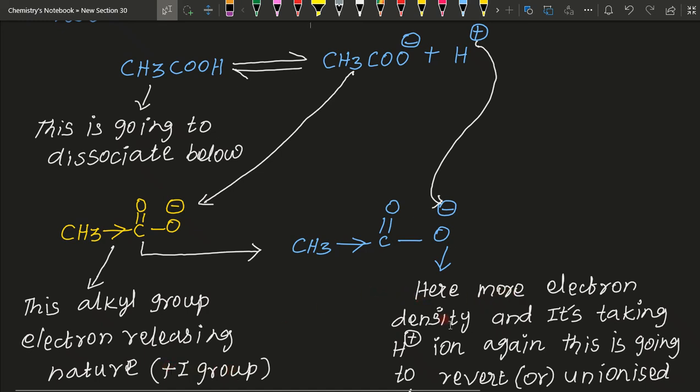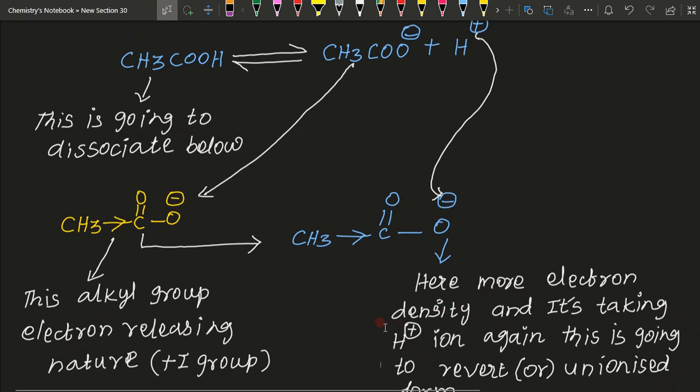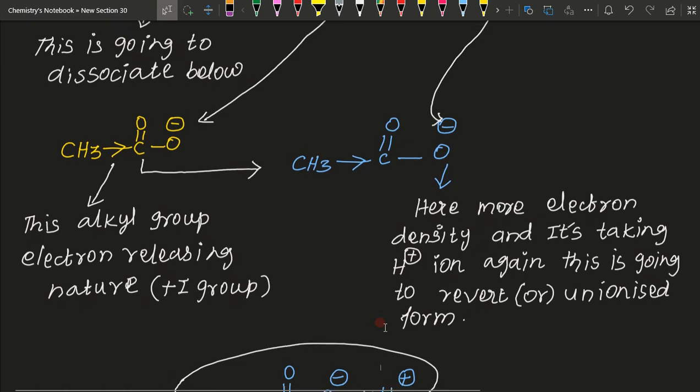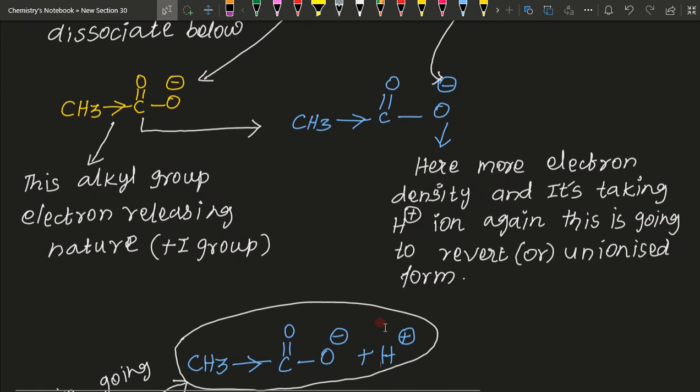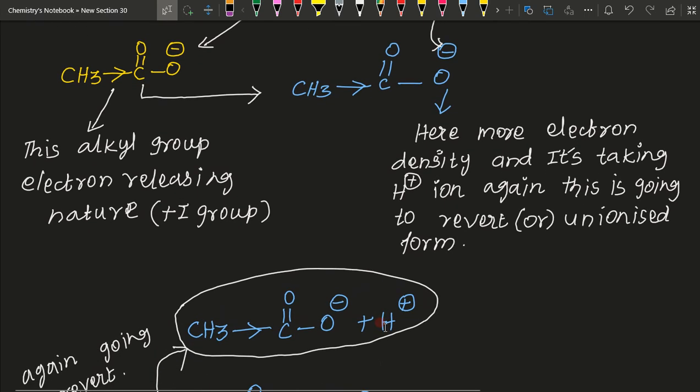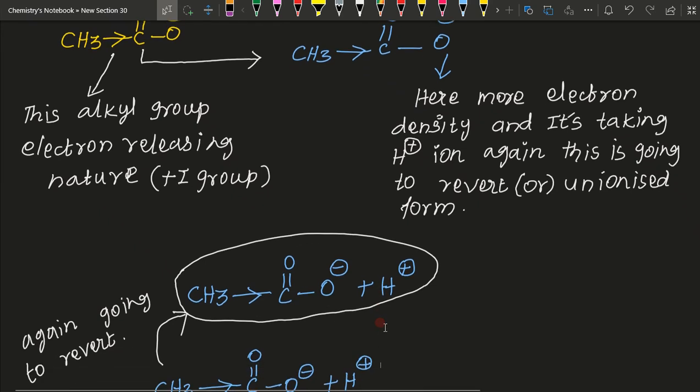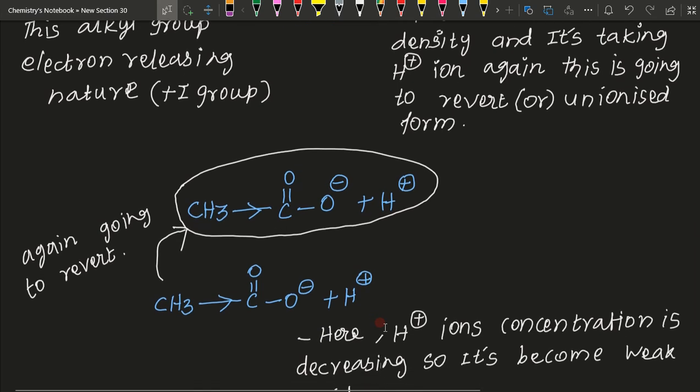Here there is more electron density and it is taking H plus ion again. It takes H plus ion because this is a more electronegative group or electron withdrawing group. With H plus ion again, this is going to reverse to the unionized form.